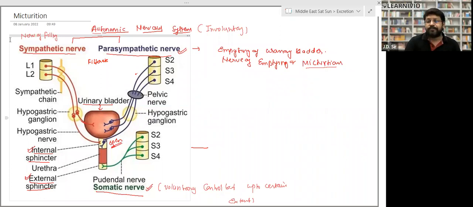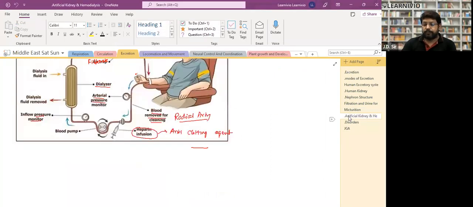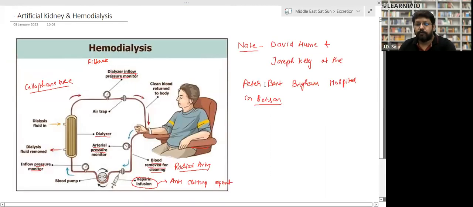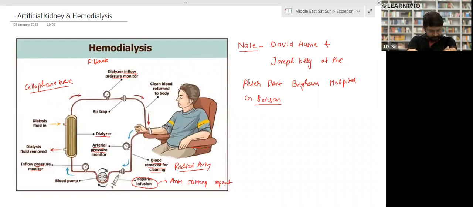Removal of urine from our body is called micturition.